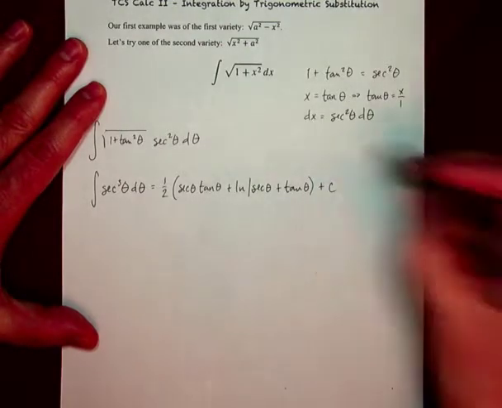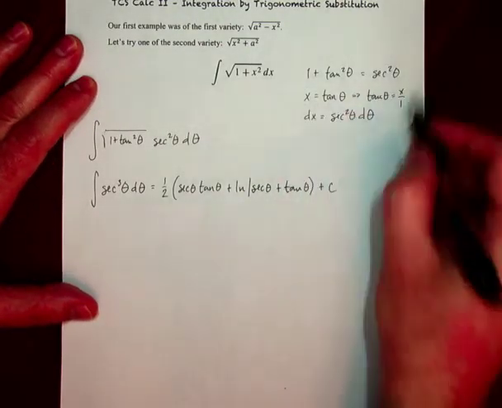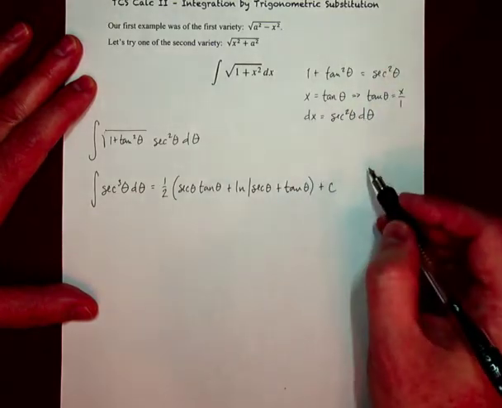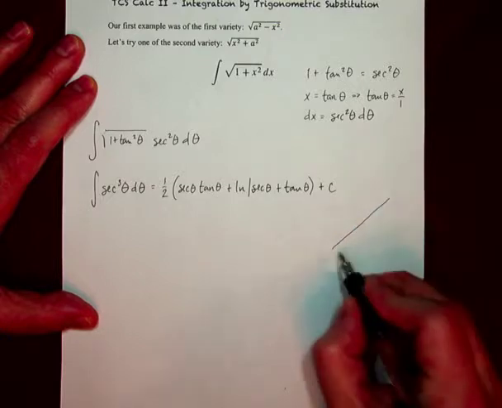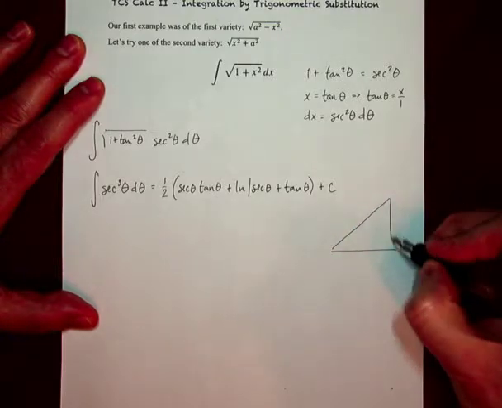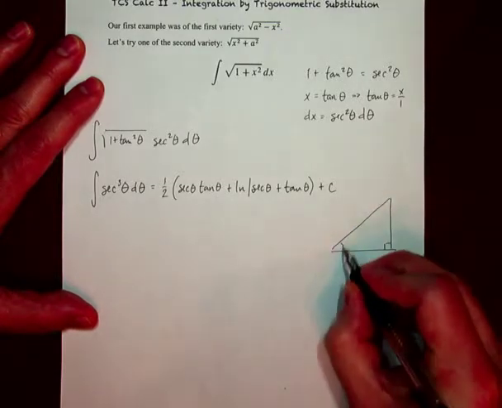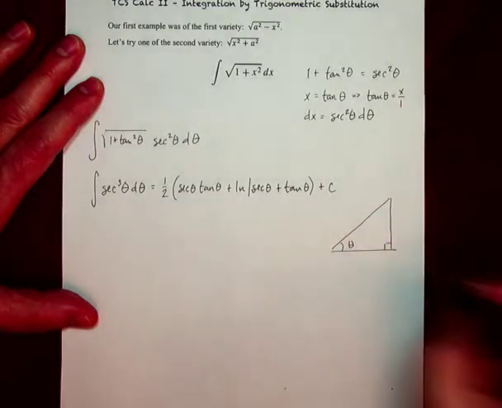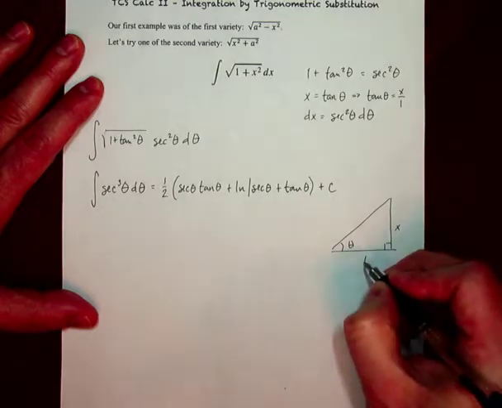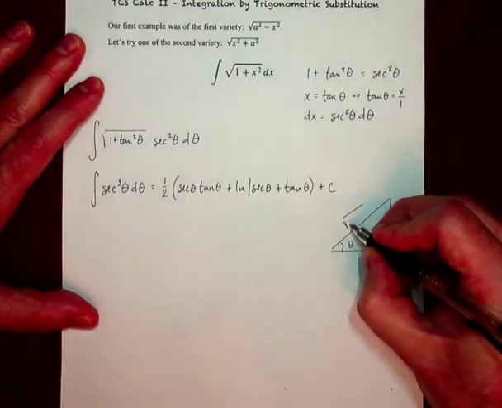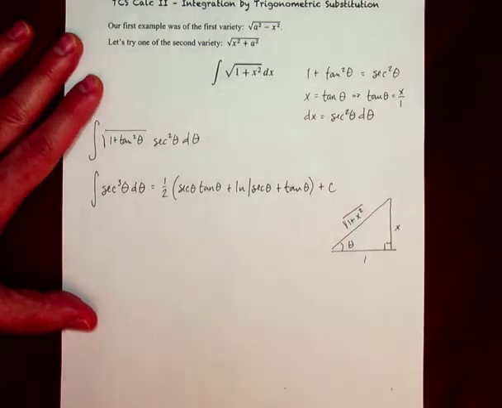From now on, when I do this, I'm going to go ahead and draw the triangle right afterwards. I didn't do that this time, so I'm going to have to pop down here to do it, since I didn't leave myself enough room. But if tangent theta is equal to x over 1, opposite over adjacent, then the hypotenuse is, of course, the square root of 1 plus x squared.